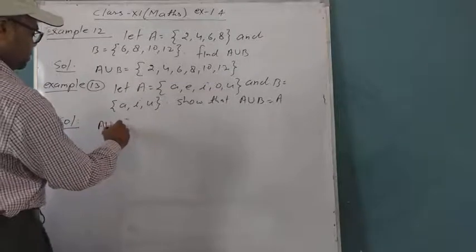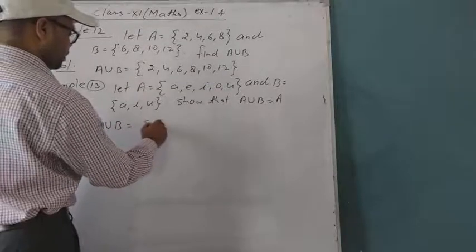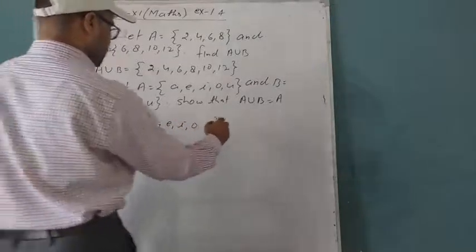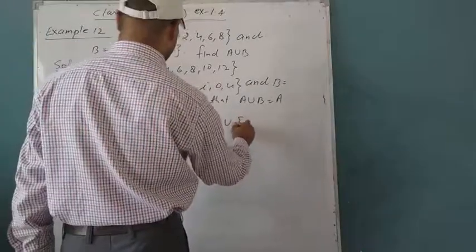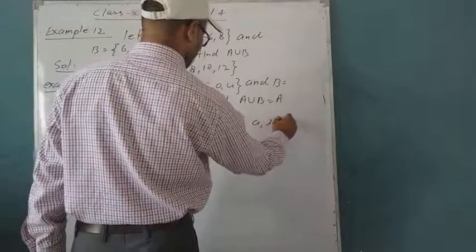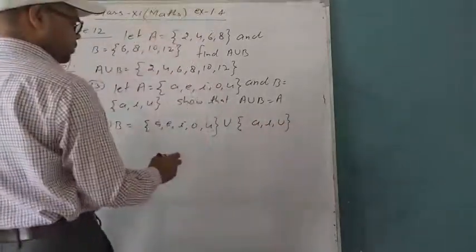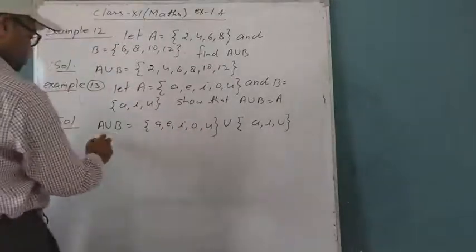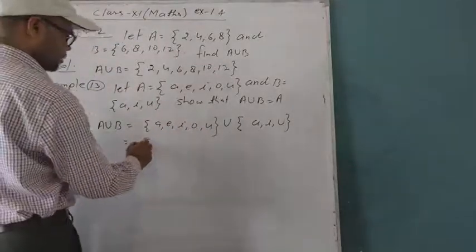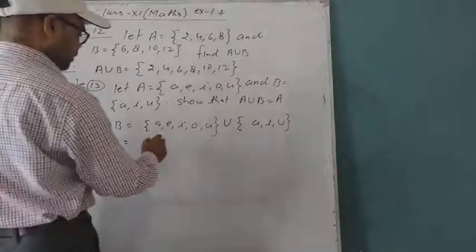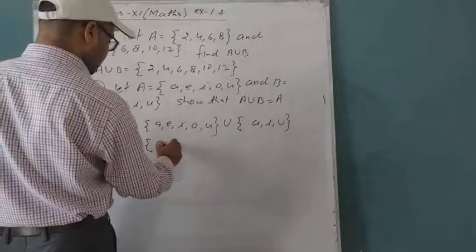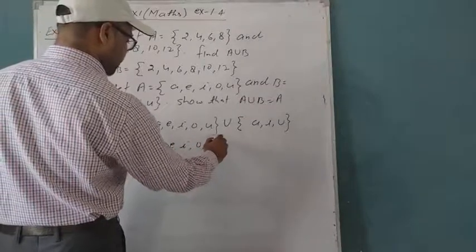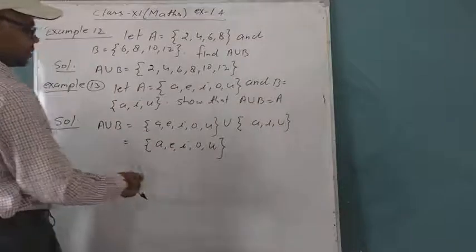A union B is equal to {A, E, I, O, U} union B, where B is {A, I, U}. Now here we can see the common elements are A, I, U. So they will appear a single time: A, E, I, O, U. E and O are the other elements.